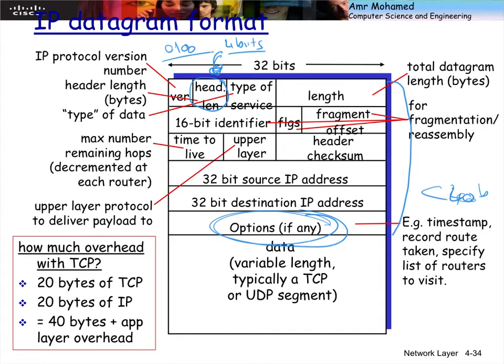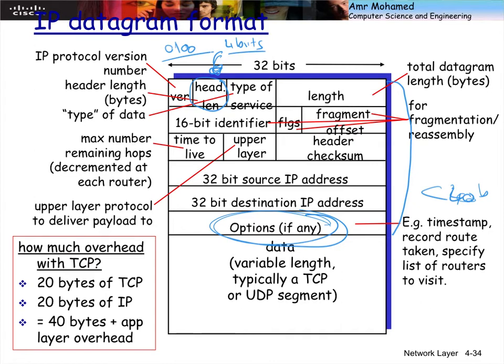What is the maximum number that we can represent using 4 bits? Yes, 4 ones is 15, right? You are close. But the maximum size is 60. So how can you do this?